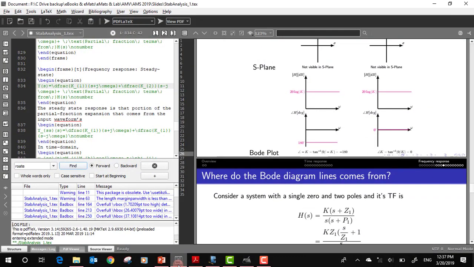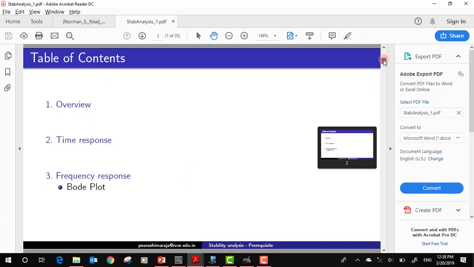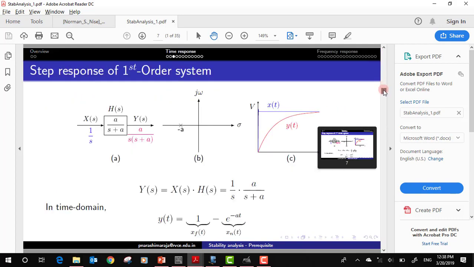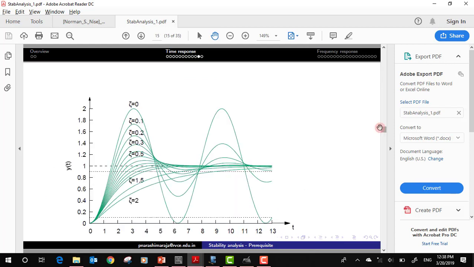I just want to finally show you one particular thing. One of the terms will die out fast, but the other term that is sitting closer to the origin will not. Yeah, I will show you. These are the responses, and you can see the response for zeta equal to 2, plotted in GNU plot.